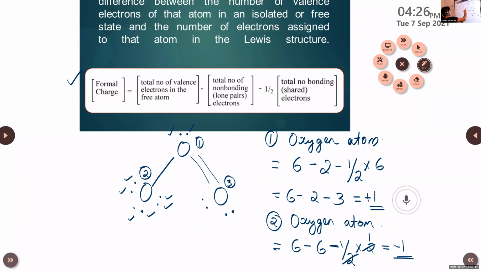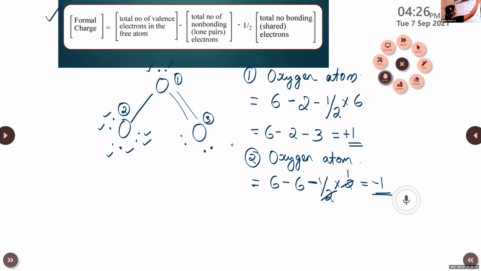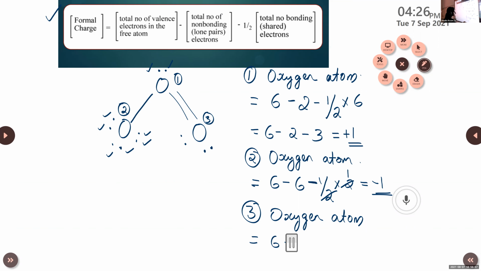Then the next one, the third oxygen atom, the oxygen atom numbered as 3. Here also the total number of valence electrons is 6. Then how many lone pairs are there in the third oxygen atom?